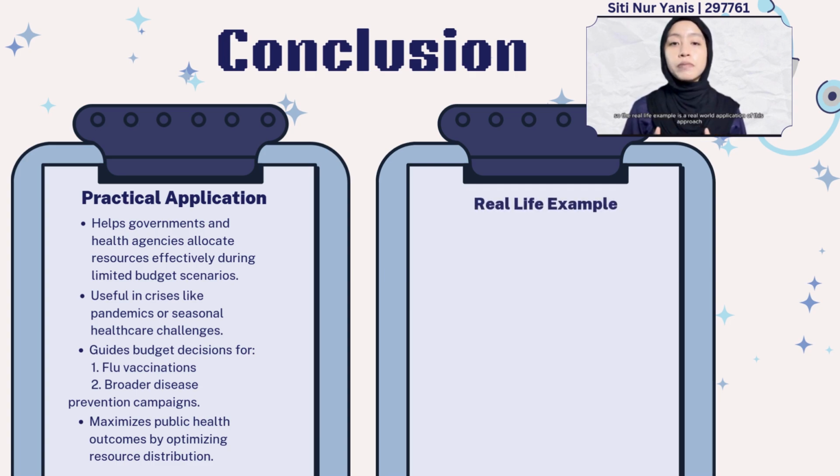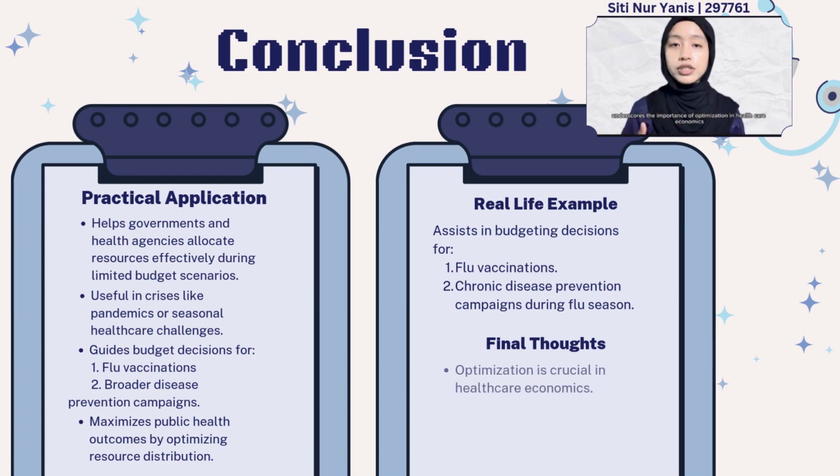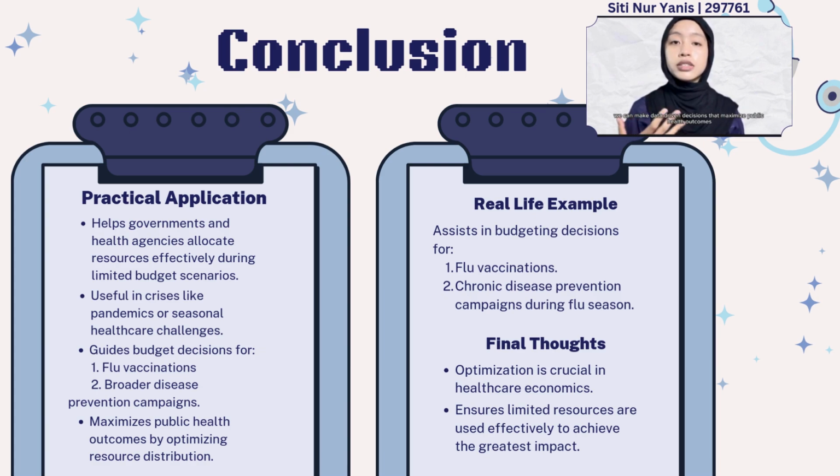A real-world application of this approach could involve determining how much funding should go toward vaccination campaigns during flu seasons versus ongoing prevention efforts for chronic illnesses like diabetes. The final thoughts: this case underscores the importance of optimization in healthcare economics. By leveraging mathematical tools, we can make data-driven decisions that maximize public health outcomes even with limited resources.